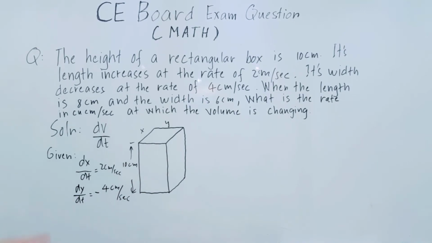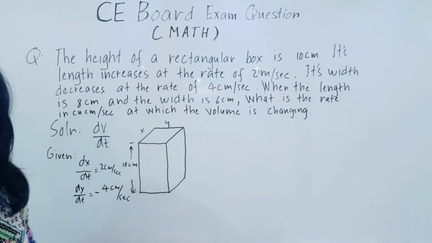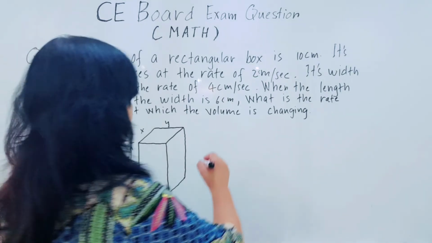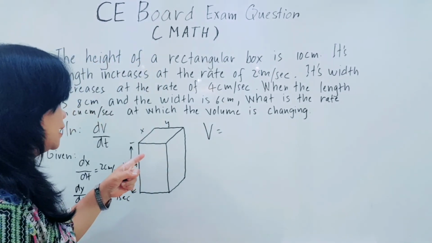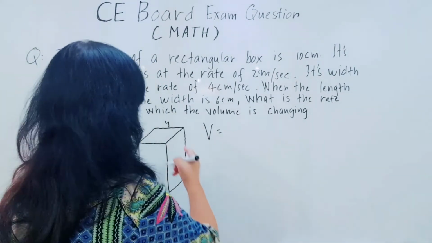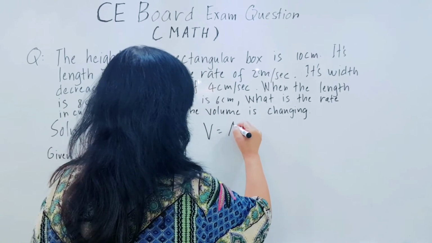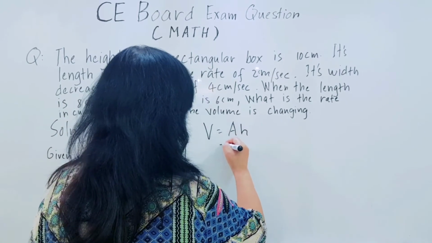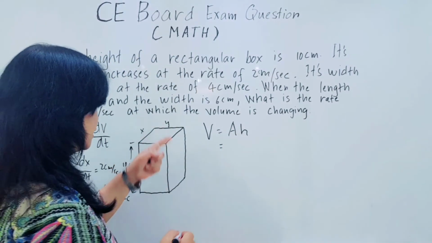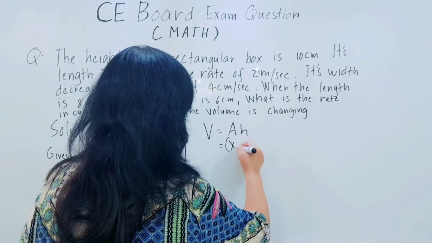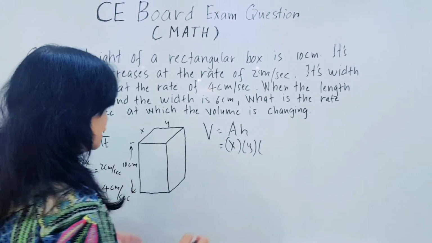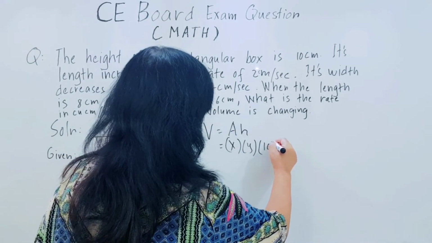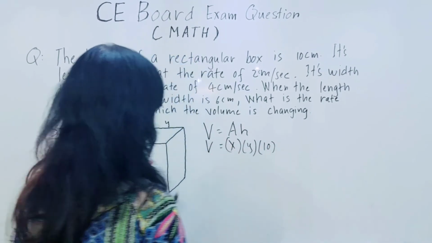Now, in this problem, we will use the volume formula of the rectangular box, which is equal to the area times the height. The area is x times y, multiplied by the height, which is equal to 10. This is the volume of the rectangular box.